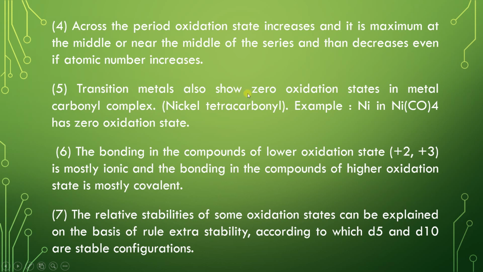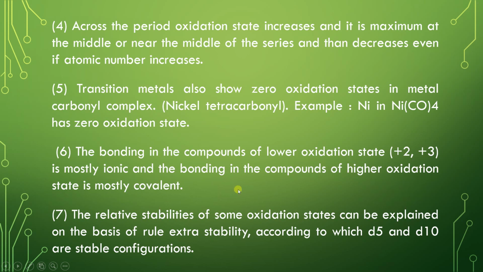Transition metals also show zero oxidation state in metal carbonyl complexes. For example, nickel tetracarbonyl: nickel in the nickel tetracarbonyl complex has zero oxidation state. The bonding in the compounds of lower oxidation state, that is +2, +3, is mostly ionic and the bonding in the compounds of higher oxidation state is mostly covalent.